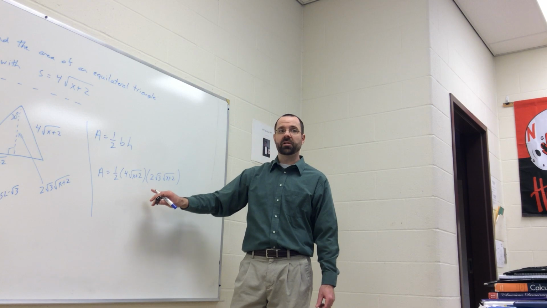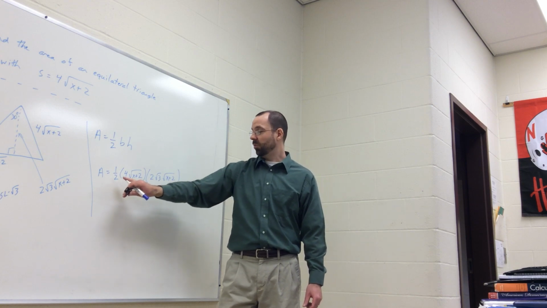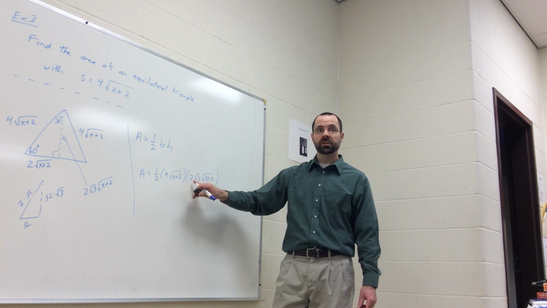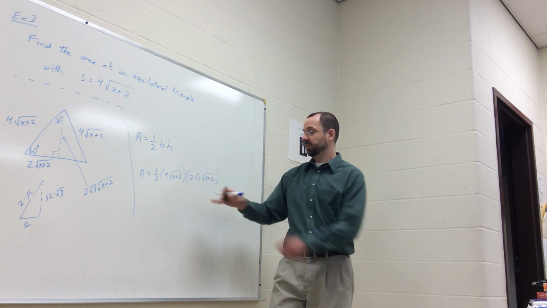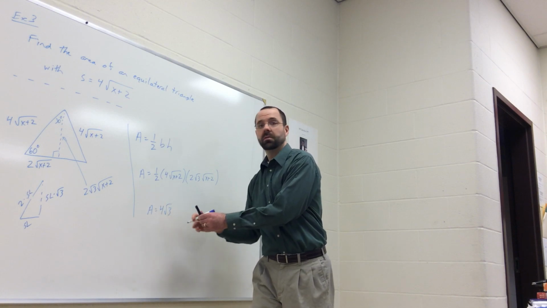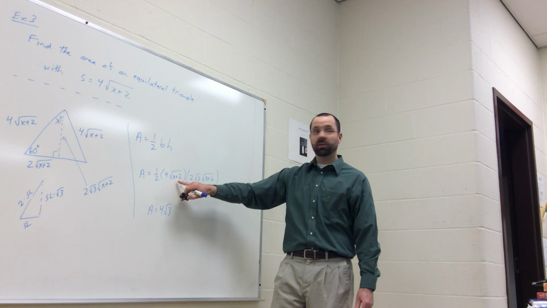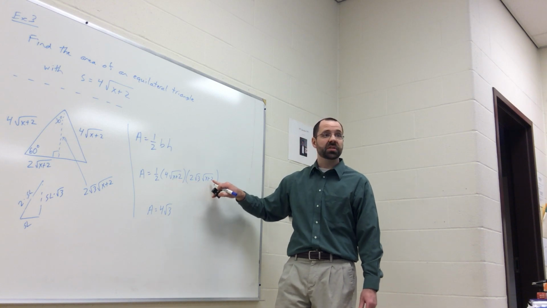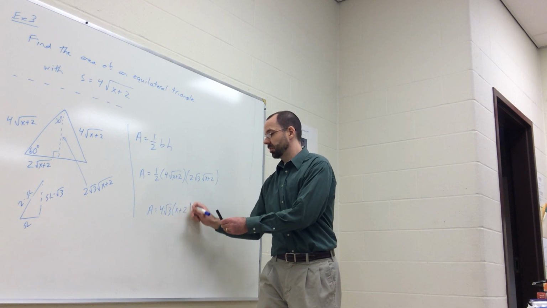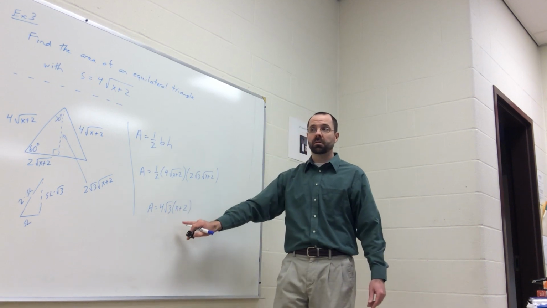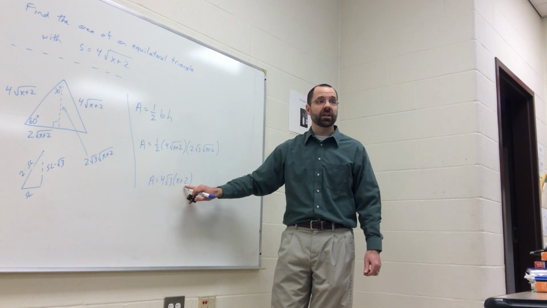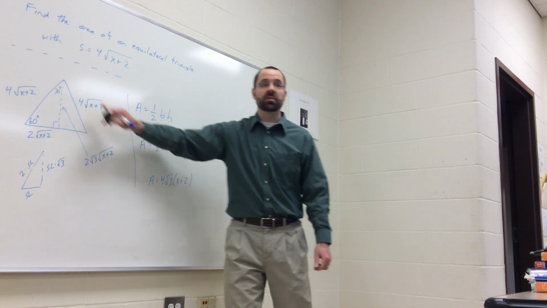So now I'm going to multiply all this together. 1/2 times 4 times 2 is 4, then times the square root of 3. And then the square root of x plus 2 times the square root of x plus 2, what's that? So there's a formula for the area of this equilateral triangle.